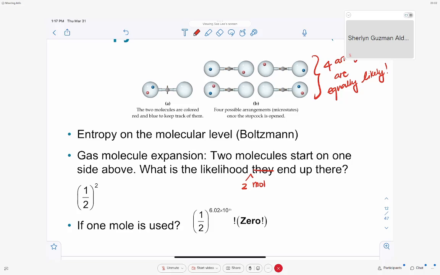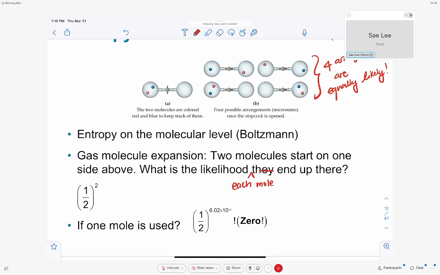Not 2 molecules, each molecule. Can you guys make this change on your slide?